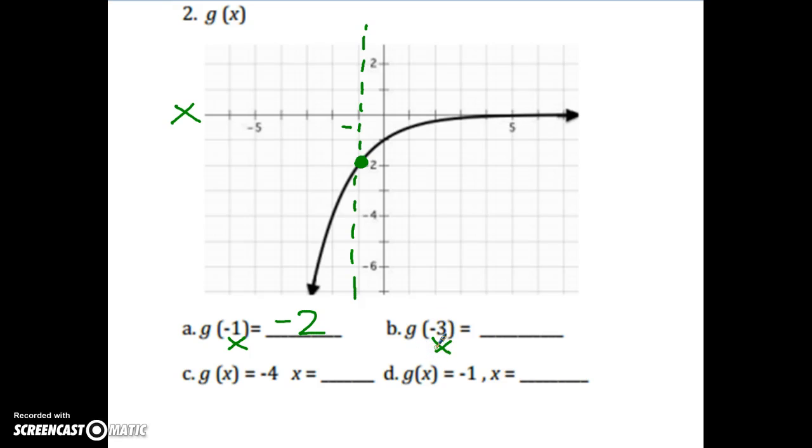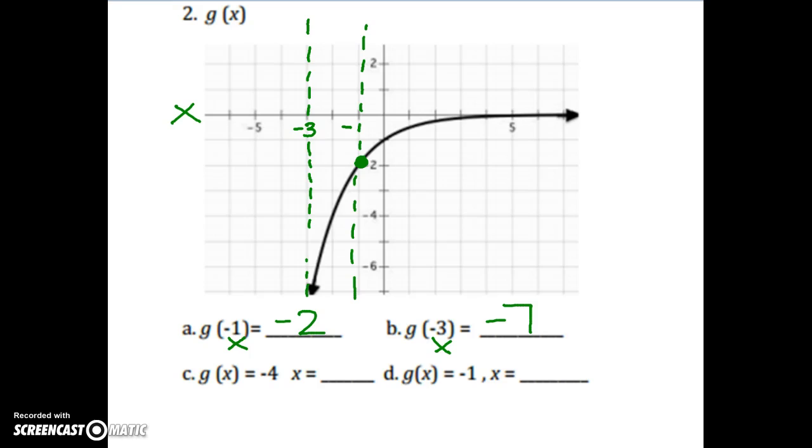X is negative 3, so I'm going to go negative 3 here. And I want, what's that output at negative 3? It looks like it's going to be at negative 7. So I'm going to put negative 7.